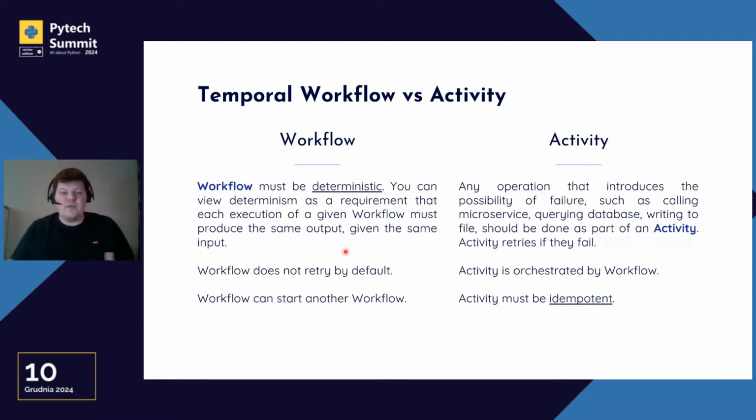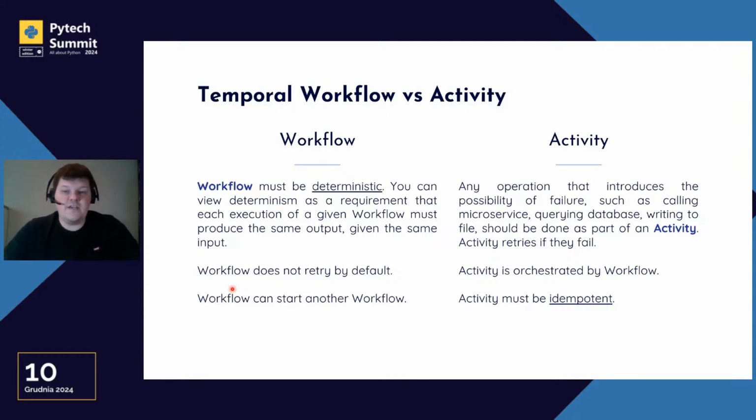That's why random numbers are non-deterministic. In a workflow, we should guarantee all our code is deterministic. A workflow does not retry by default because we cannot expect any issues with a workflow, and a workflow can start another workflow. It means we can have sub workflows, and every workflow can be both child for some workflow and parent for another workflow.